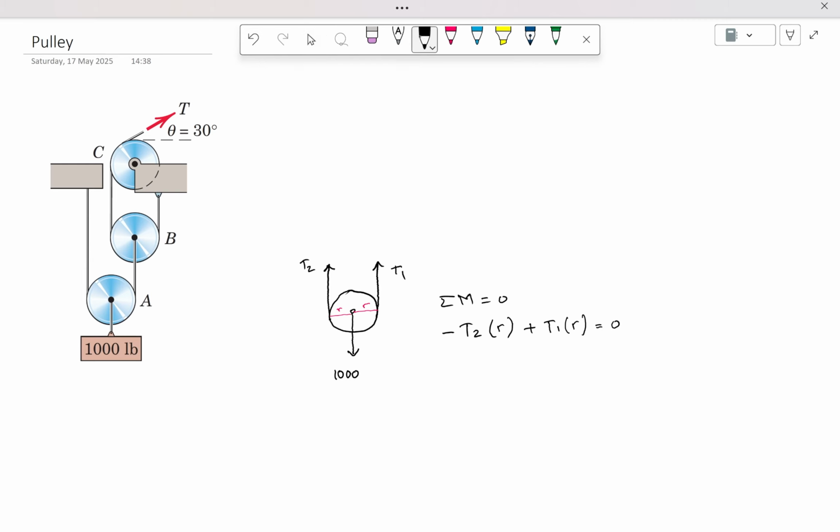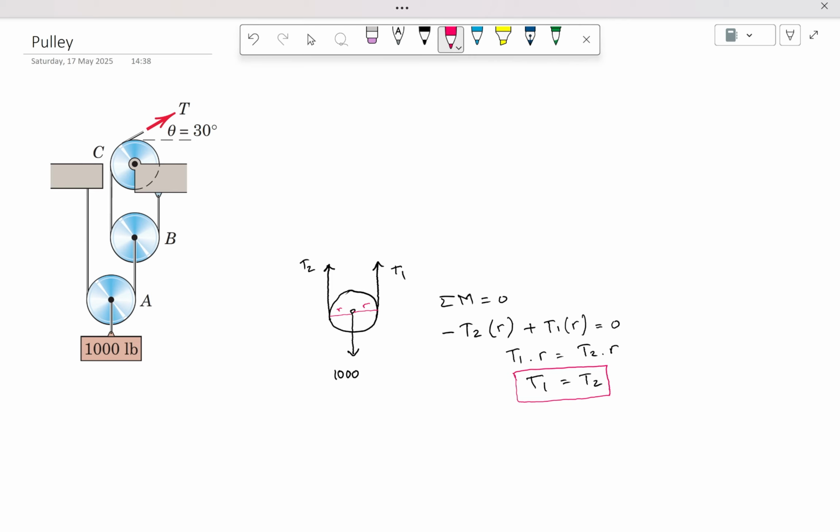Having said that, T1R equals T2R, so your T1 equals T2. That's how you prove that. So it is one rope, T1 equals T2, and that's how you use the equilibrium equation, sigma moment equals 0, to finally get T1 equals T2.